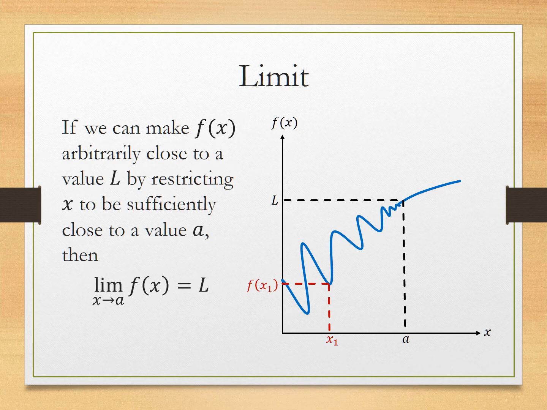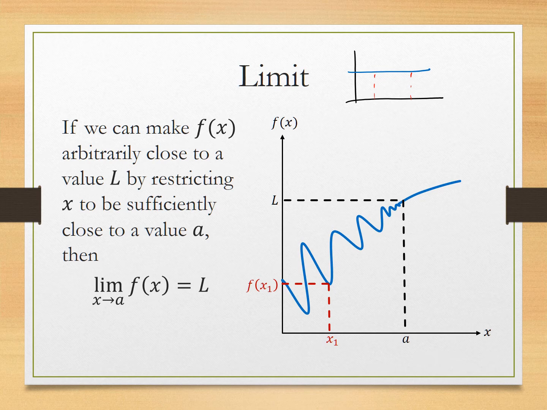Now if you look at a point that is very far away from a, like x1 here, there is no guarantee that the function would take on a value that is close to L. After all, you're very far away. Sometimes it could: if you have a horizontal line, then it would take on exactly the same value as at a, because any point you pick would have the same value.